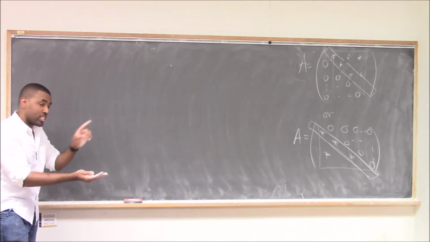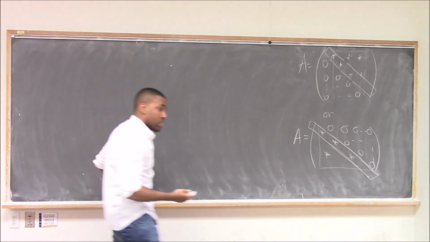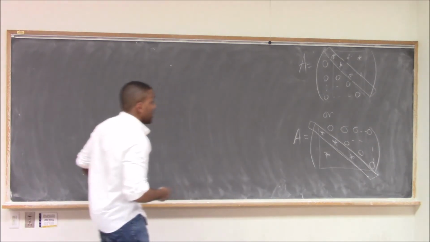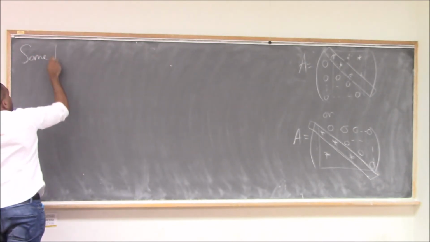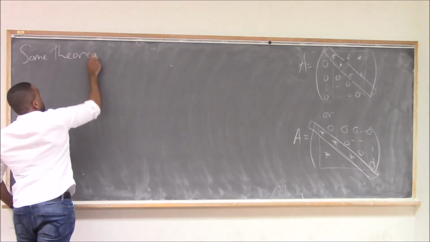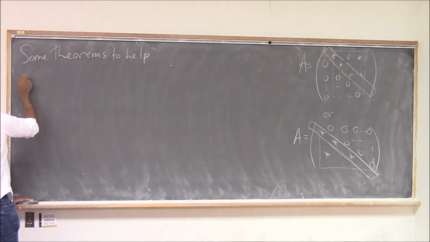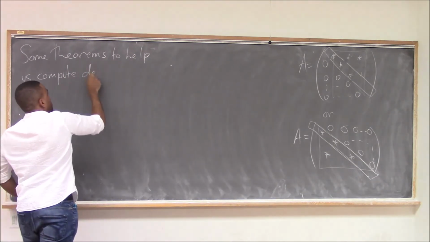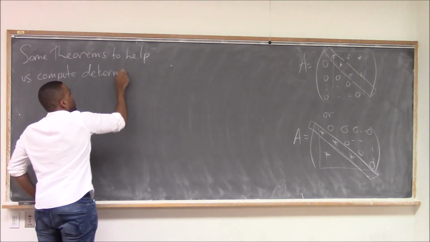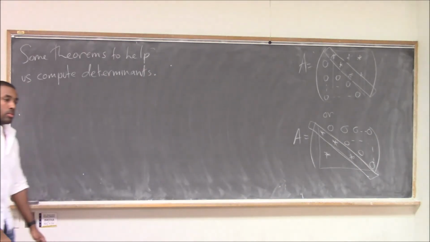So the row you're replacing, you're not supposed to multiply by anything, for example. Okay, so you have to be very careful of how you're looking at the rules. So, that being said, let me just tell you some theorems that we can talk about here.